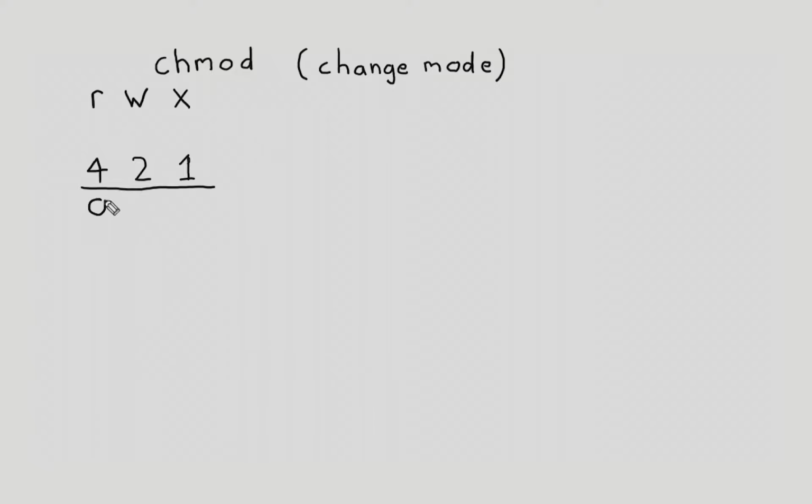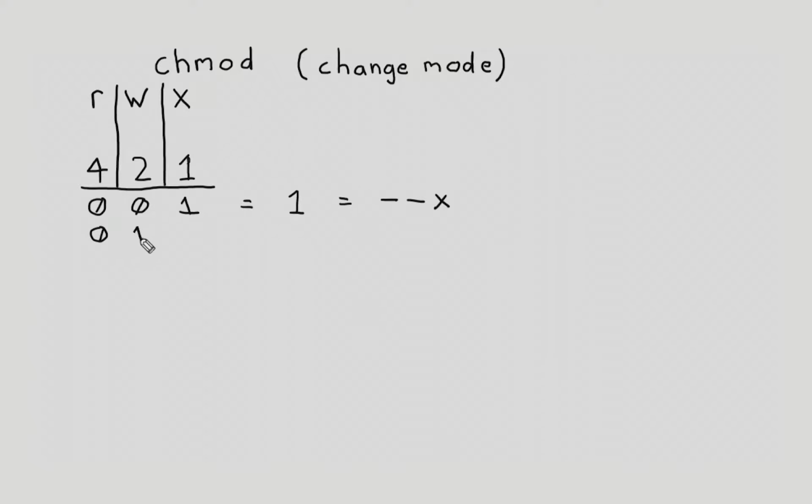If we have 0, 0, and a 1 in binary, that value is going to equal 1. And if we match these permissions up with each number, 1 is basically execute. So that would equal no read, no write, but execute.